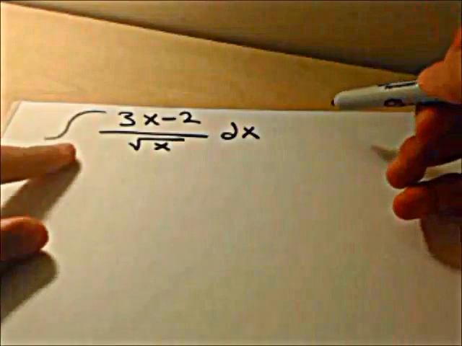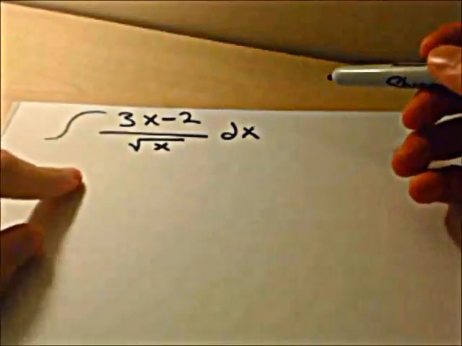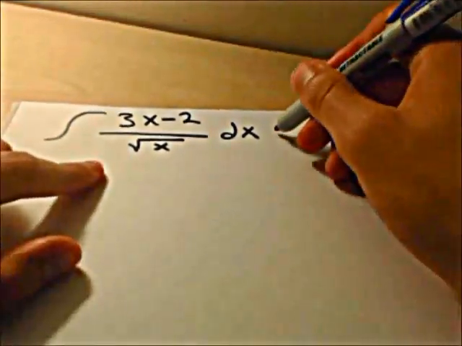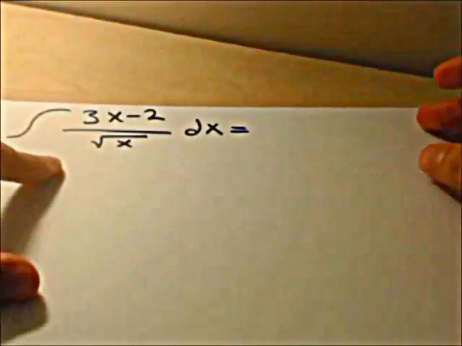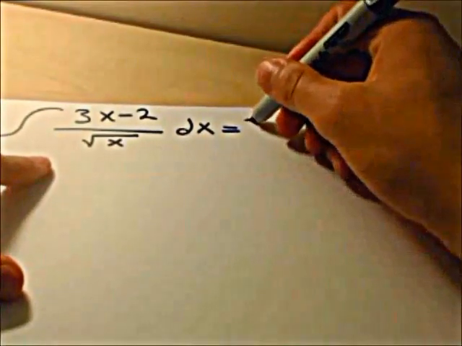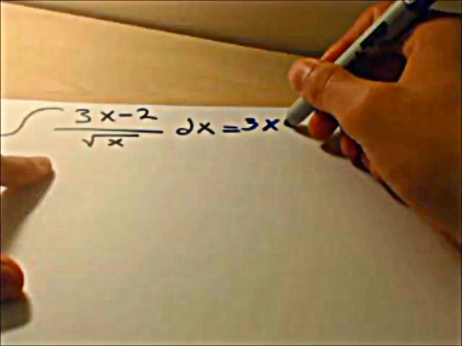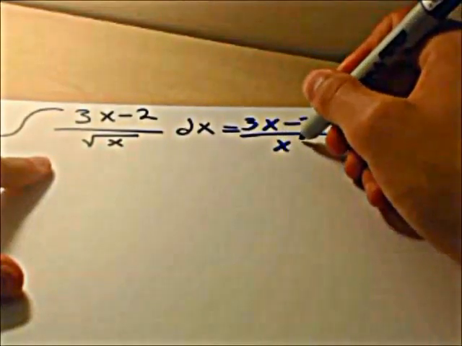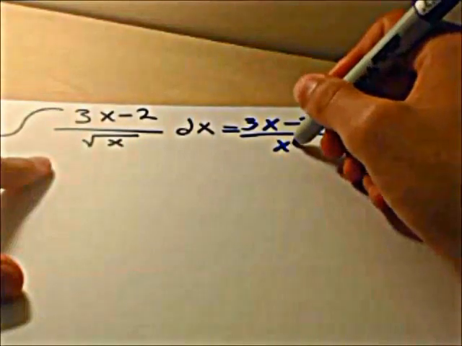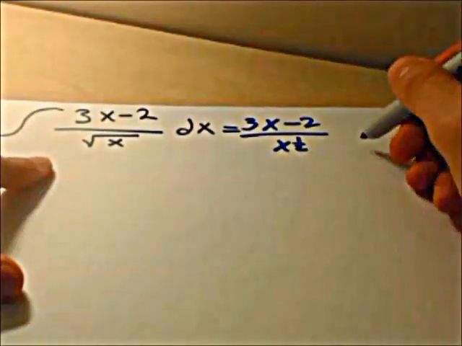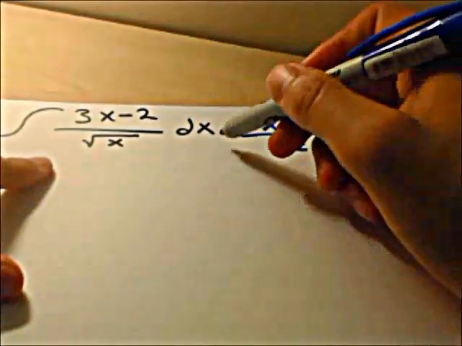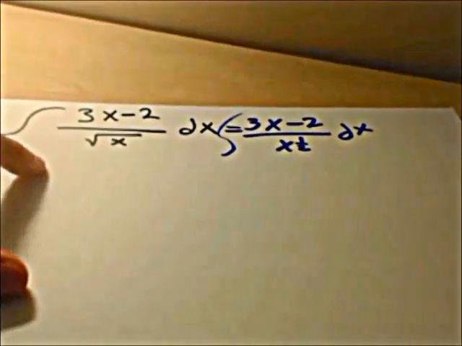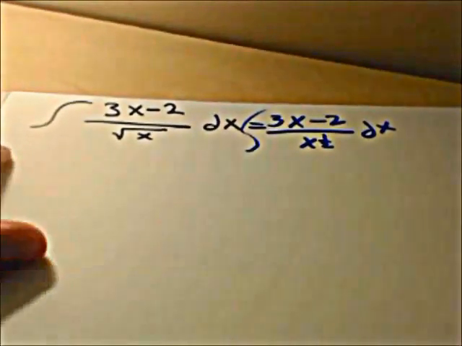So we've got the integral of 3x minus 2 over the square root of x. The first thing I do when I see a radical is change it to power form, which makes our way to the solution a lot easier. So I'm going to write it as 1 over x to the power 1 over 2, dx. Oops, sorry, I forgot the integration symbol.